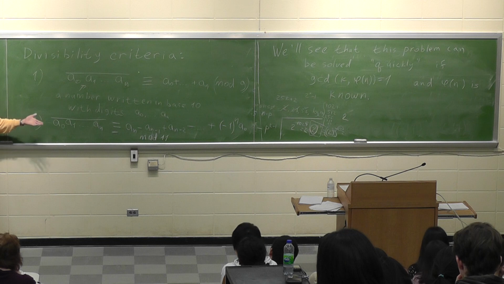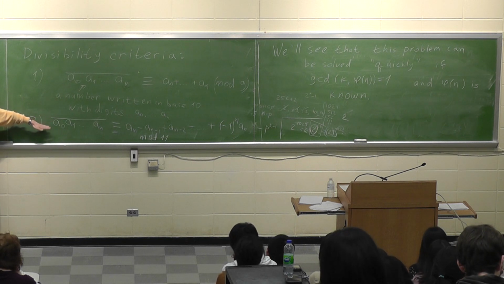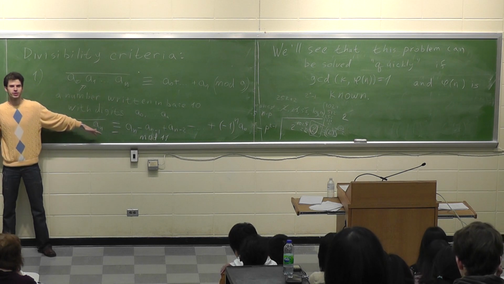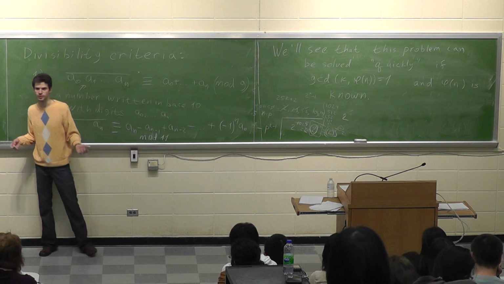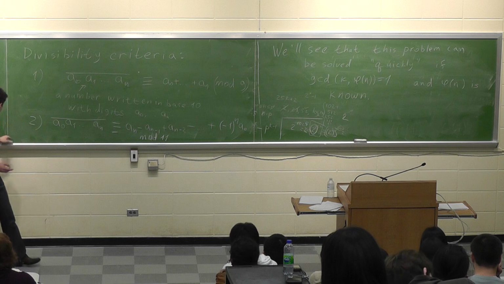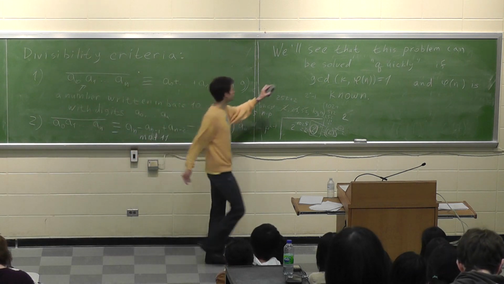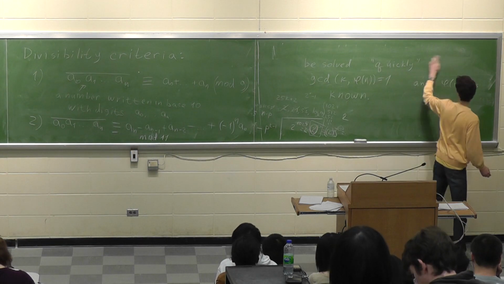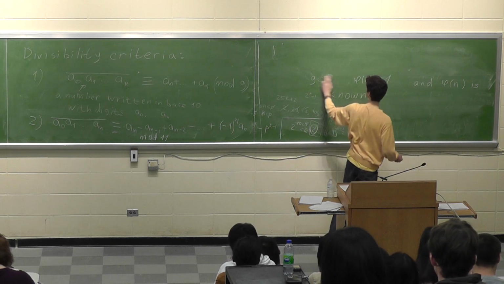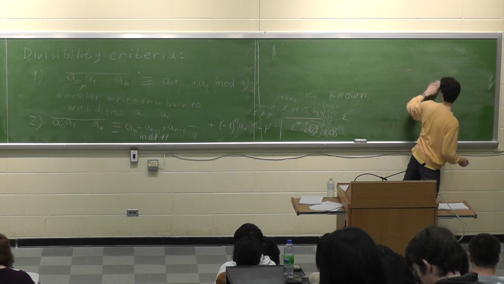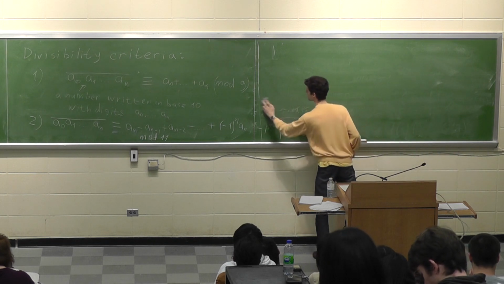So it gives you a criterion for when a number is divisible by 11: exactly when this alternating sum of its digits is divisible by 11. Very simple test. And the question is, is there such a test for 17? Well, the answer is yes, there is such a test. It's not that memorable, maybe, but still useful.